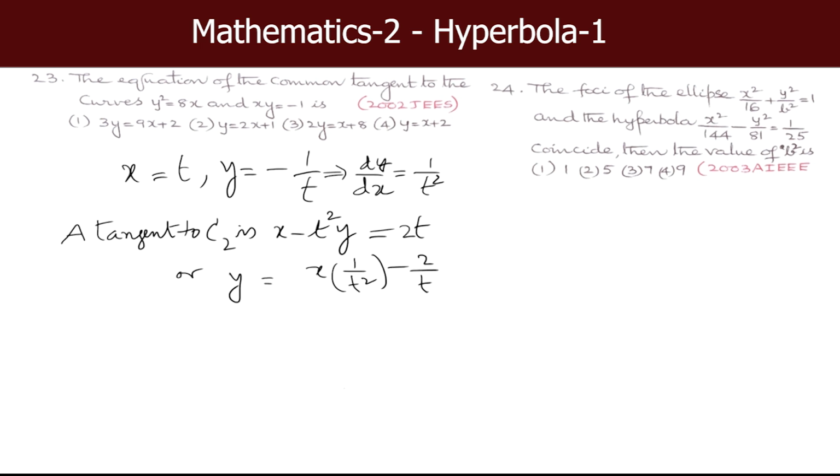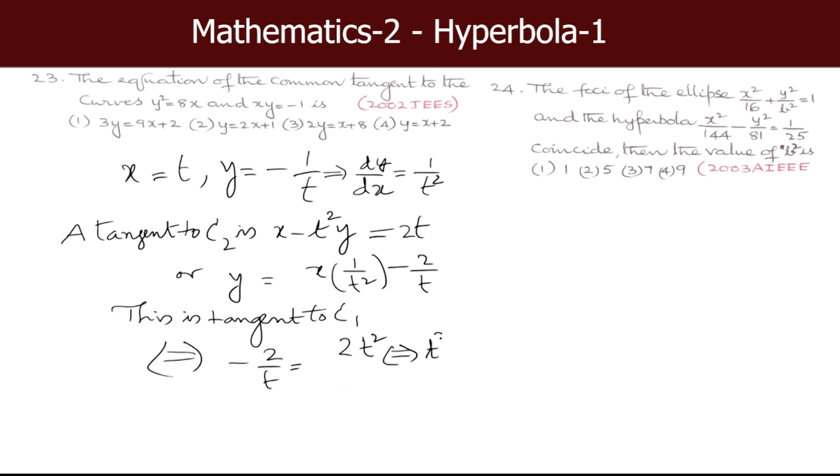Now, it is easy to apply the condition for tangency for this to the first curve. This is tangent to C1 if and only if c equal to minus 2 by t equal to a by m, where here a by m is 1 by t square, so 2t square, or if and only if t cubed is minus 1, or t equal to minus 1.